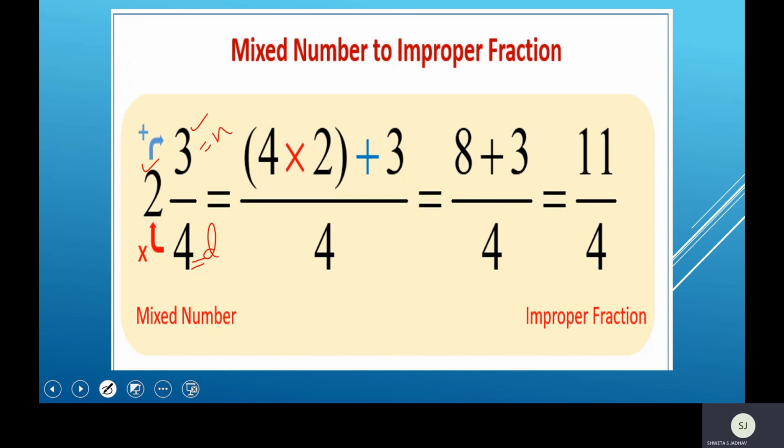Now 4 into 2 we are multiplying, where we get 8 as answer. The product of 4 into 2 is 8, and we are adding that to numerator 3.